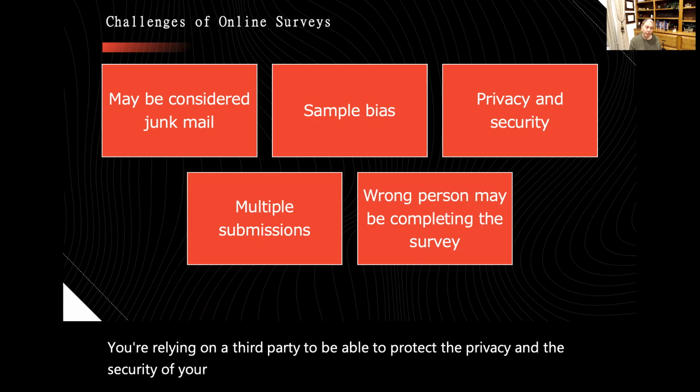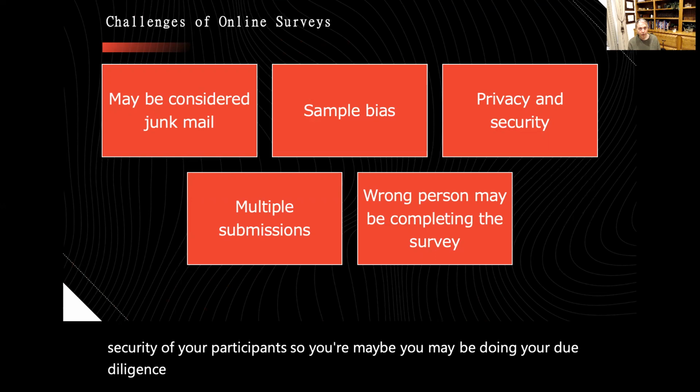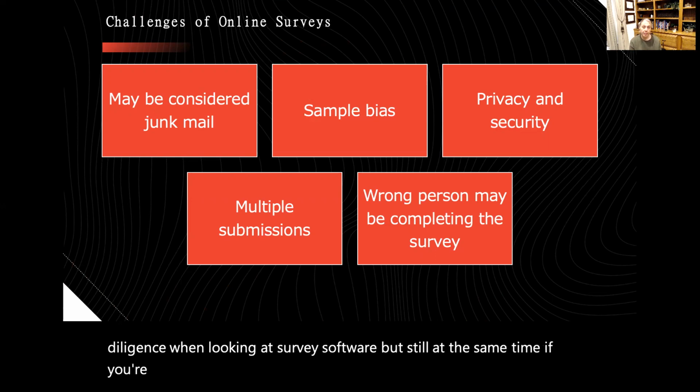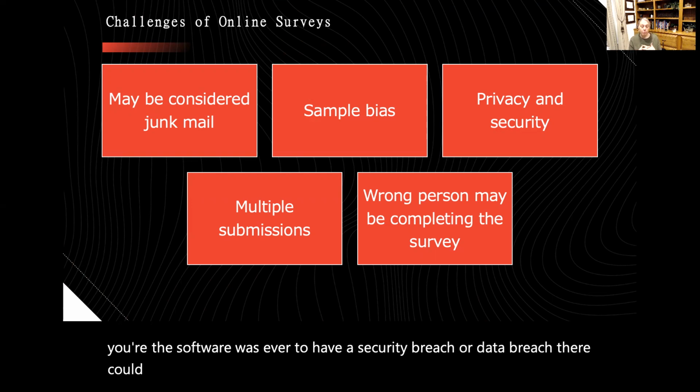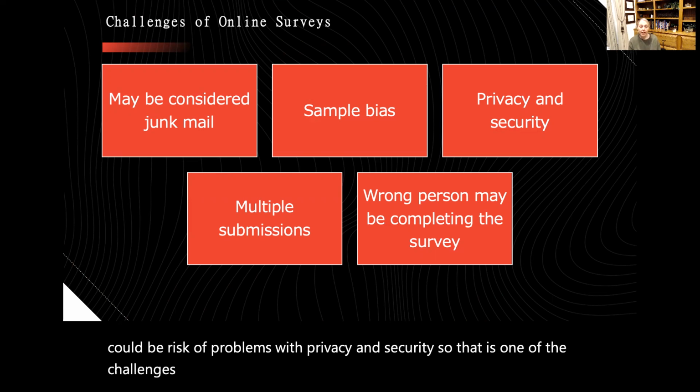You may be doing your due diligence when looking at survey software, but still, if the software were ever to have a security breach or data breach, there could be risk of problems with privacy and security. So that's one of the challenges of online surveying.